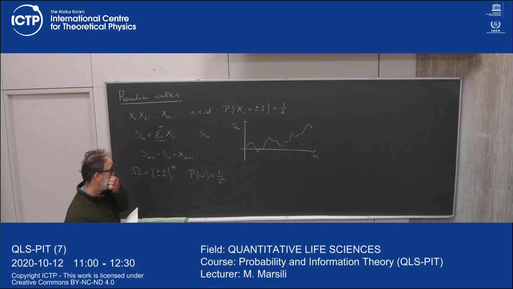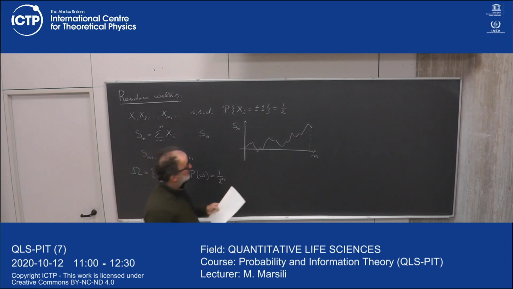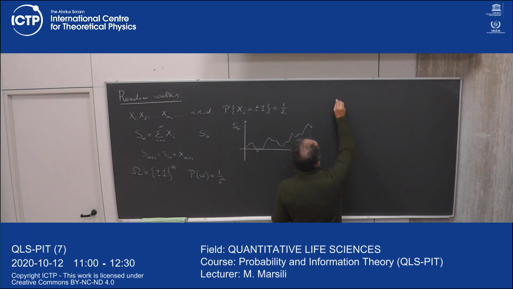Okay. So first of all, let us compute the probability that after n steps the random walk is in a certain position k.